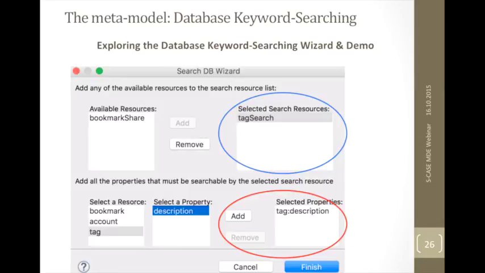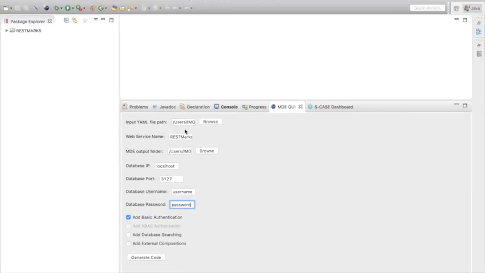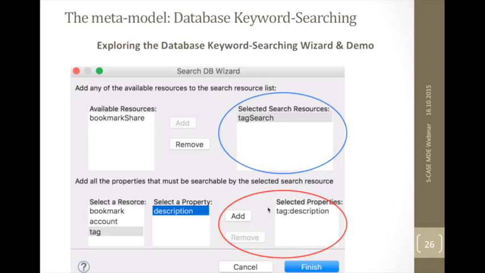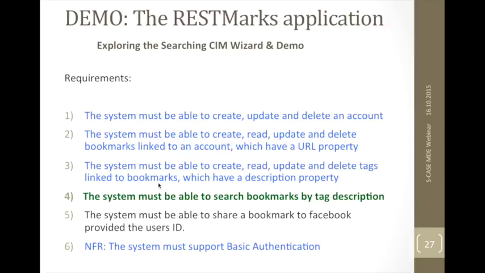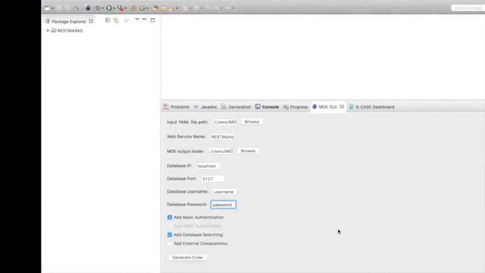As you can see, the very same concepts appear also in this user interface of the search wizard. I'll go straight ahead with the next demo. In this case, I will also include searching, so I will be able to satisfy requirement 4, which says that the system must be able to search bookmarks by the tag description.